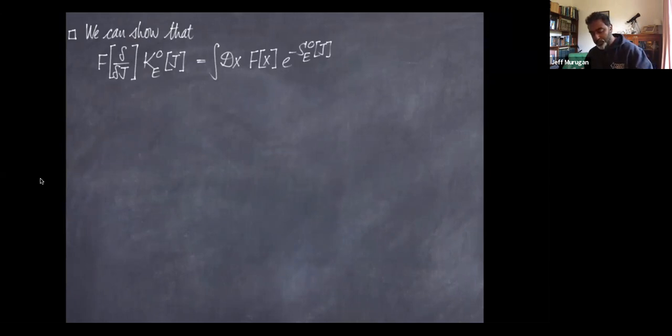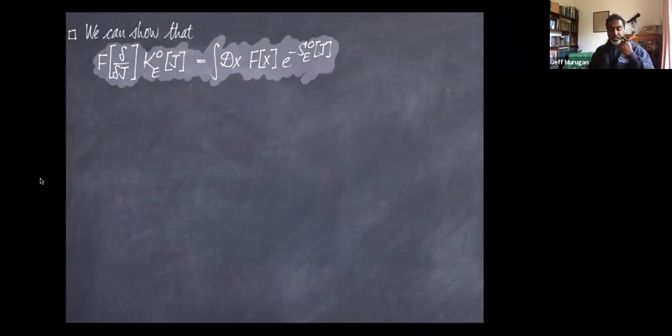We're talking about functionals and doing functional differentiation with respect to the source, in this case J, which is a function of tau.